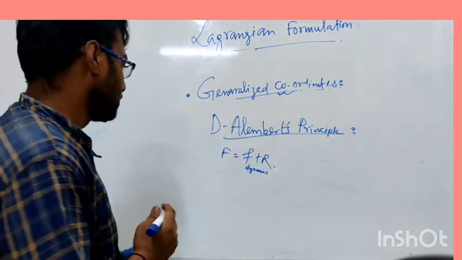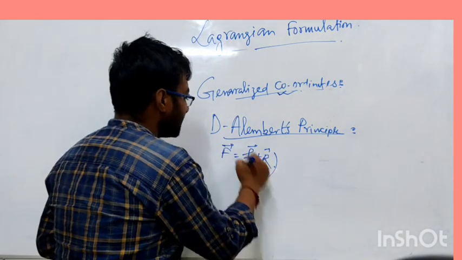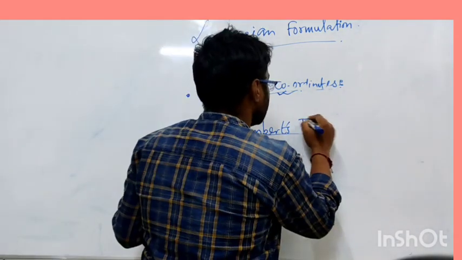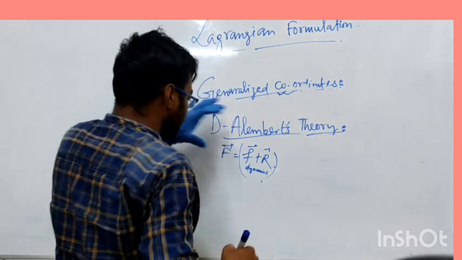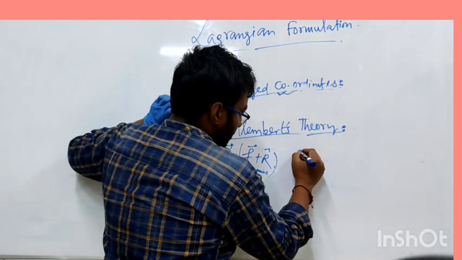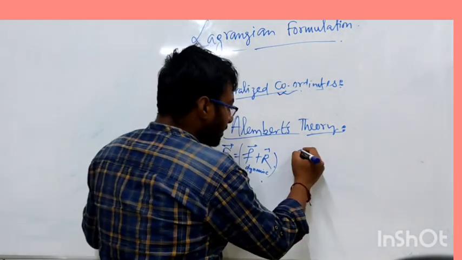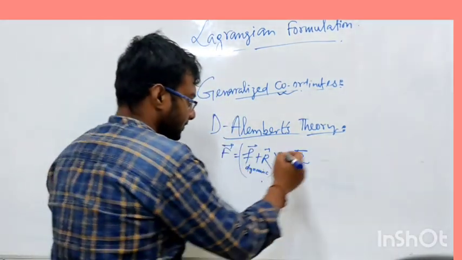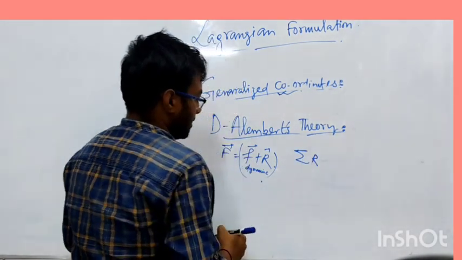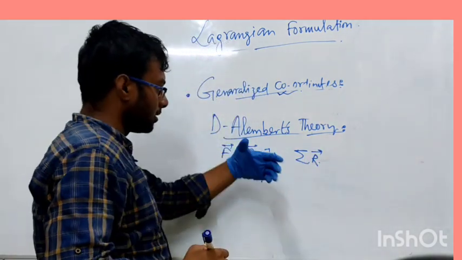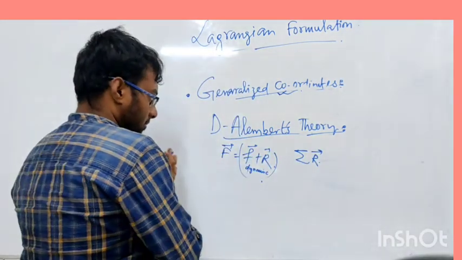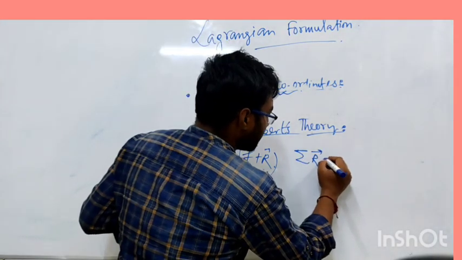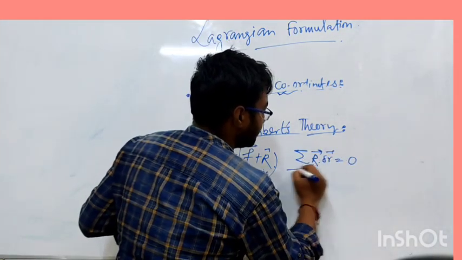According to D'Alembert's principle, the virtual work done within a system should be equal to 0. For an equilibrium system, we can show that del R should be equal to 0.